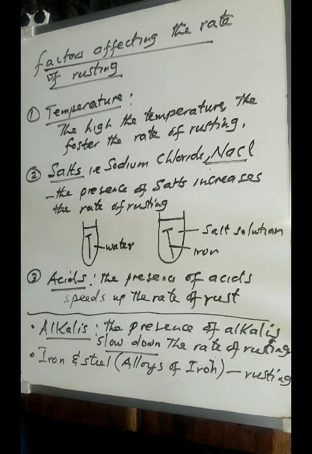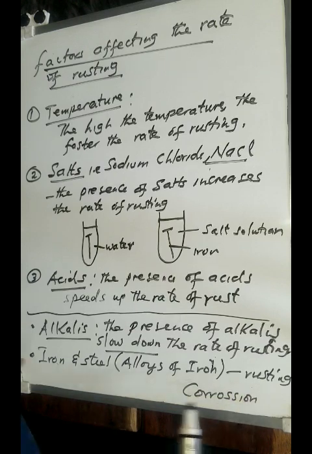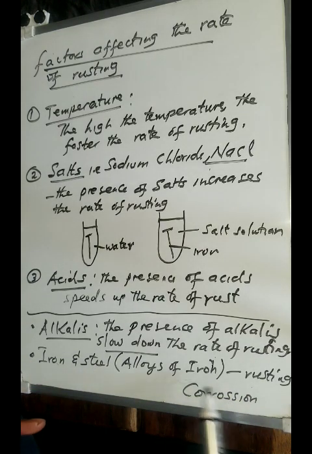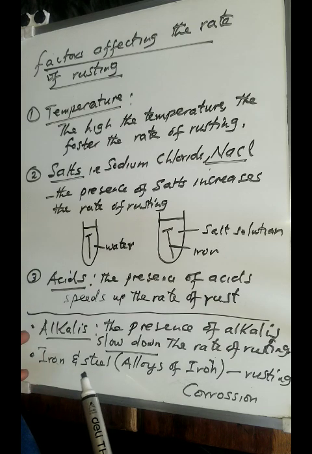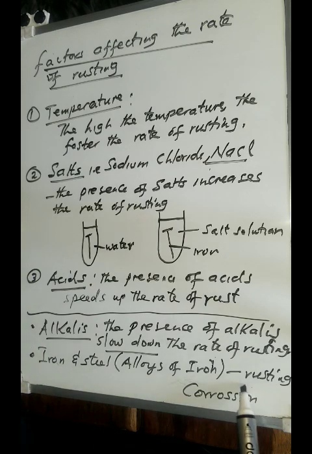But when any other metal is exposed to that, we do not use the word rusting, but sometimes we can use corrosion. But I don't mean that when it comes to iron and steel you cannot use corrosion. It is just that we give it a special name. Specifically when it comes to iron and steel, we say rusting.